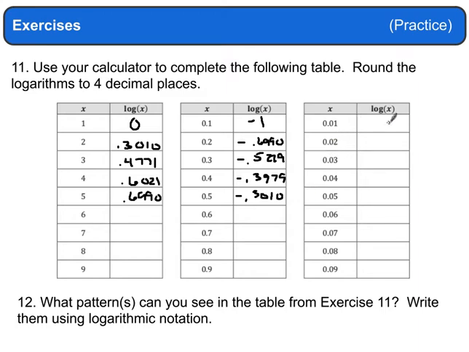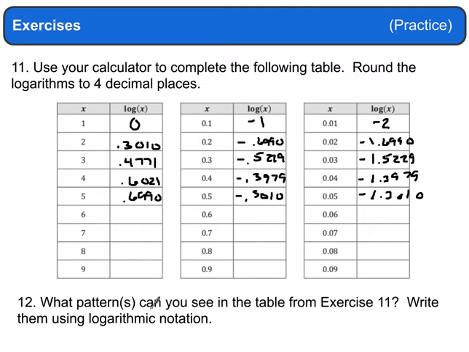And if I went out to -2, would be this one. And then we would get a -1.6990. Then we would get a -1.5229. Then a -1.3979. Then a -1.3010.